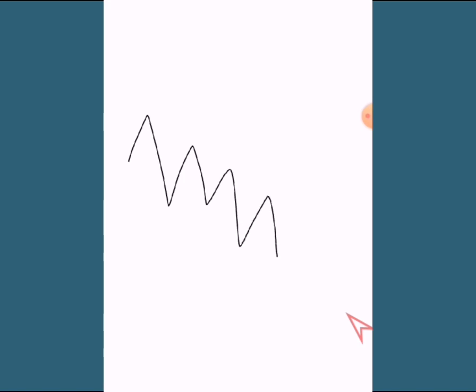For example, let's say price is moving like this. You mark your resistance, you mark your support. And right here, you can tell that price is coming to drop until it gets to this support.